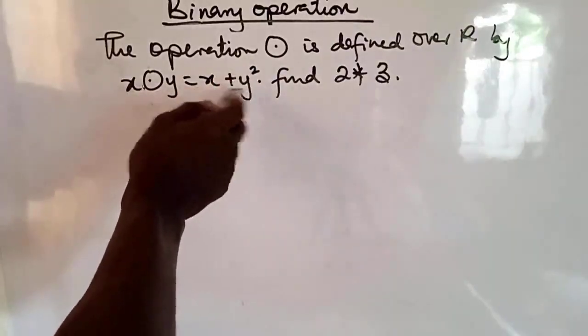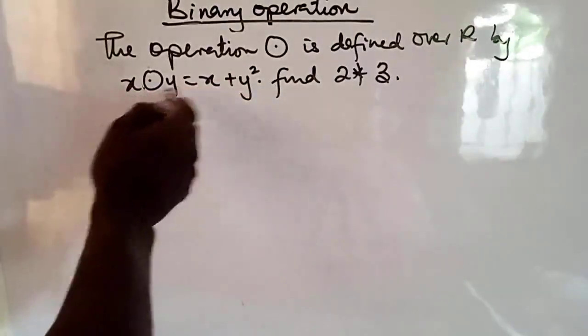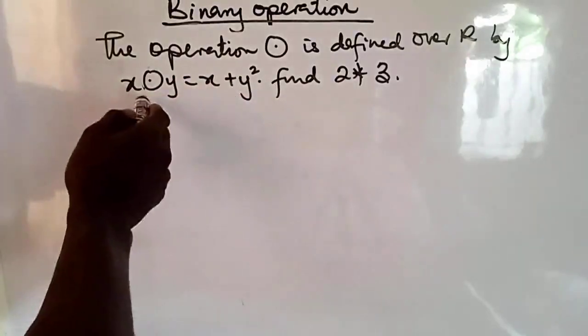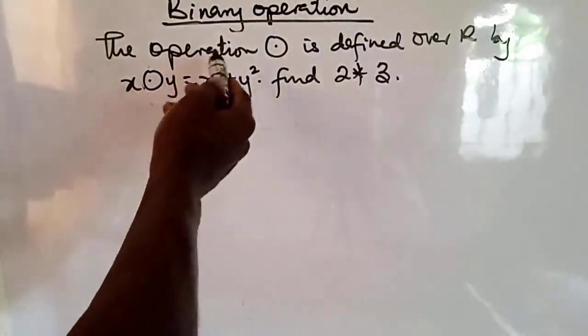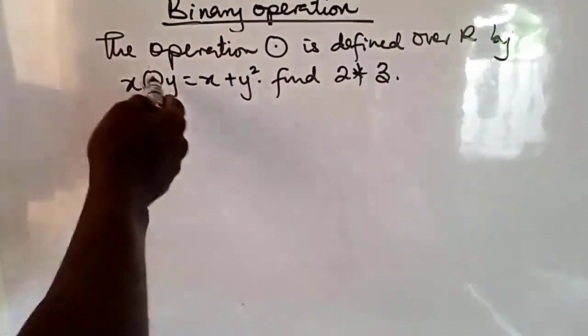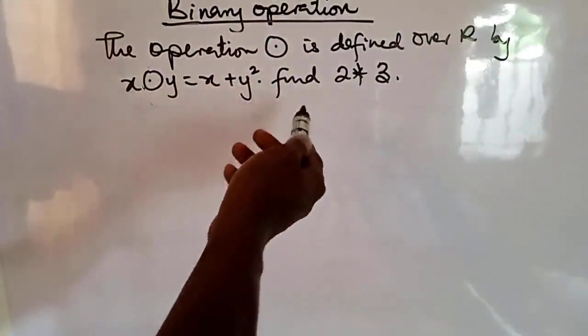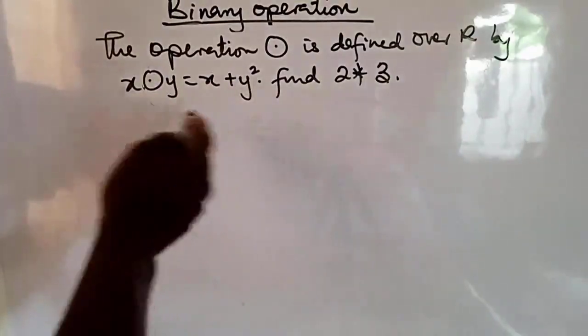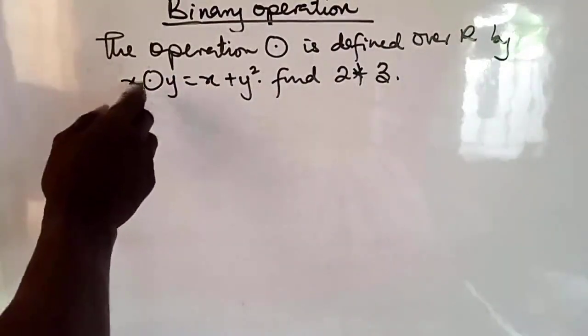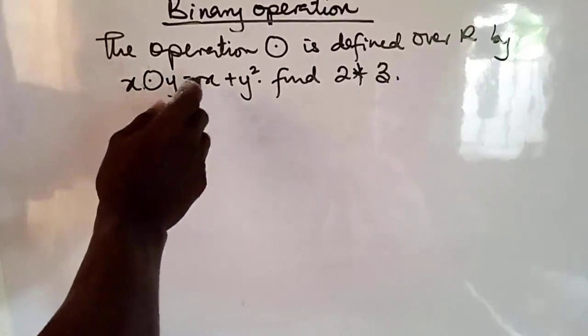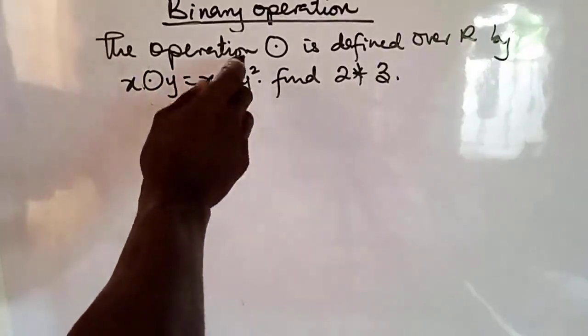Take note that this is the rule, or the format, for this operation. As I said earlier, a binary operation can be denoted with various signs, and in the subsequent examples, I'll probably be using other signs.